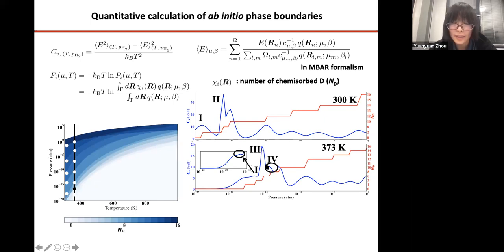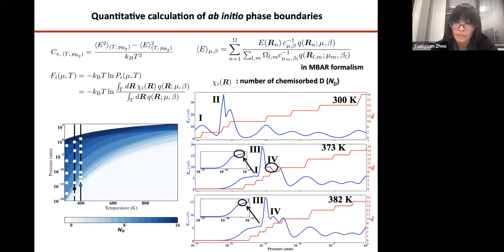So at these TP conditions, three phases coexist. So this is a triple point. We marked it as a black dot. With a further increase of the temperature to 382 Kelvin, the first peak totally disappears. So this is a critical point.